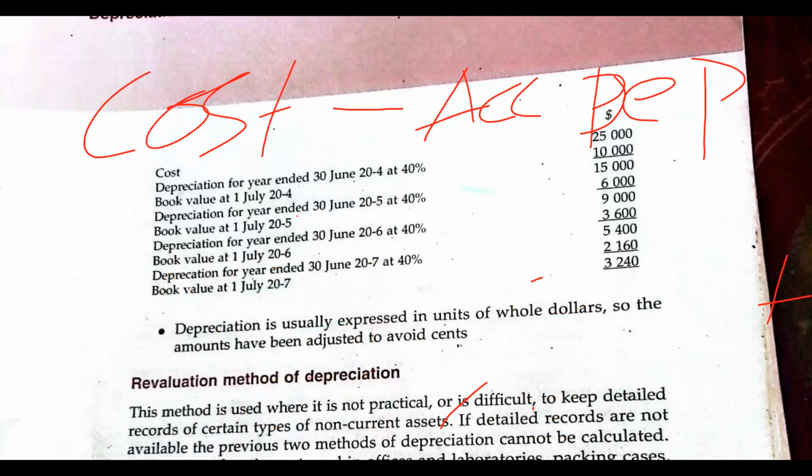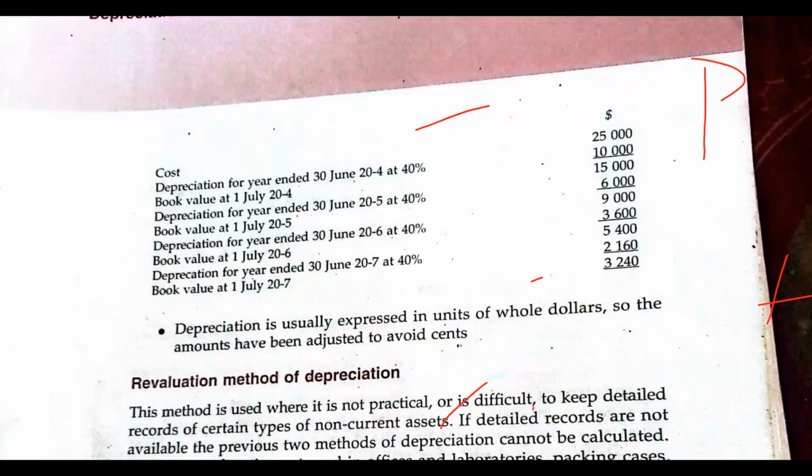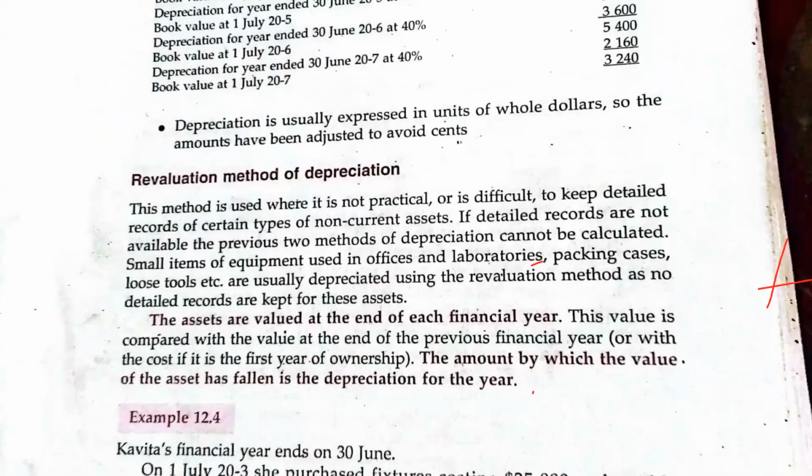Now, let's have the revaluation method. What about it? It is actually used when it is not practical, or it is difficult, to keep detailed records of certain types of non-current assets.